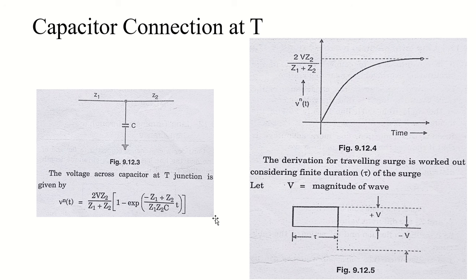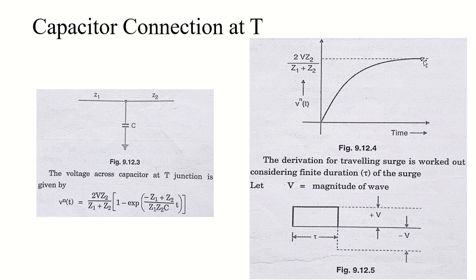And the derivation for the traveling surge is worked out considering a finite duration of my surge, right? So the derivation is worked out considering only a small finite duration of the surge, it cannot go to infinite value. So see this image, it is the value of the original term except exponential against time.